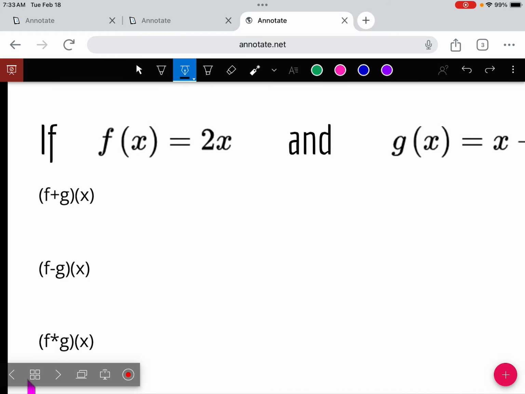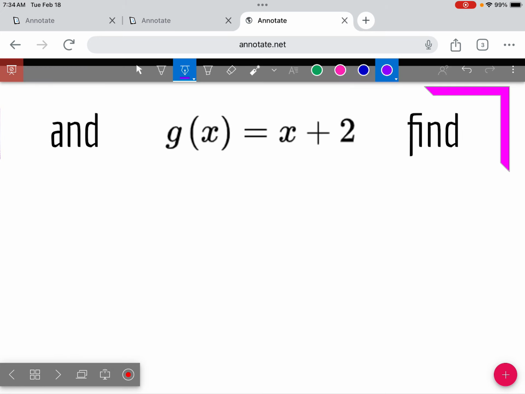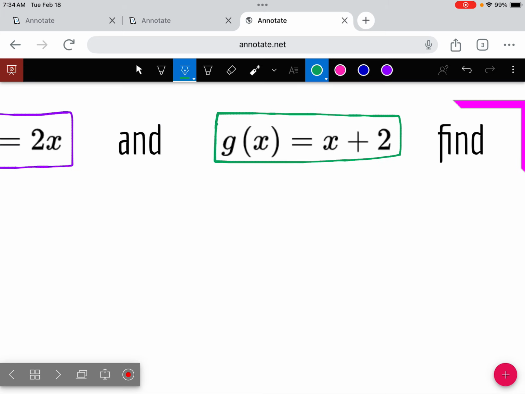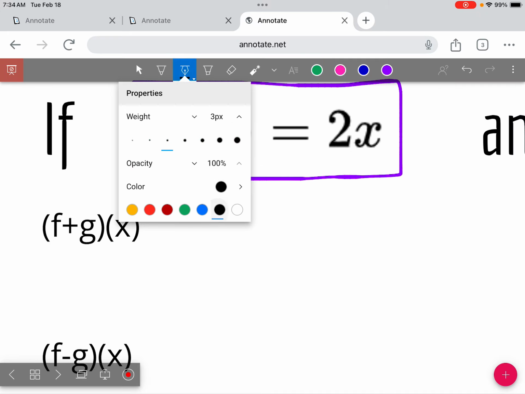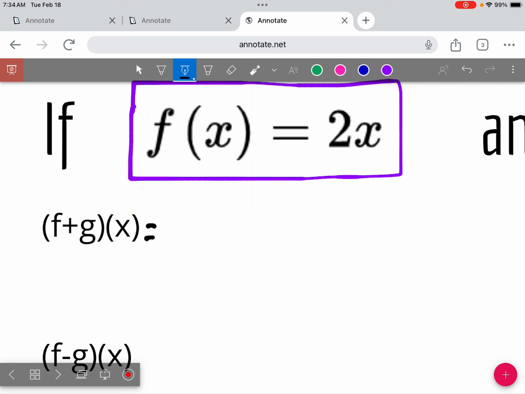So when we have f of x, which is our 2x here, and our g of x, I'm going to color code stuff just to make things easier. My f of x is in purple and my g of x is in green. When it says something like f plus g of x, that's what this first one says.